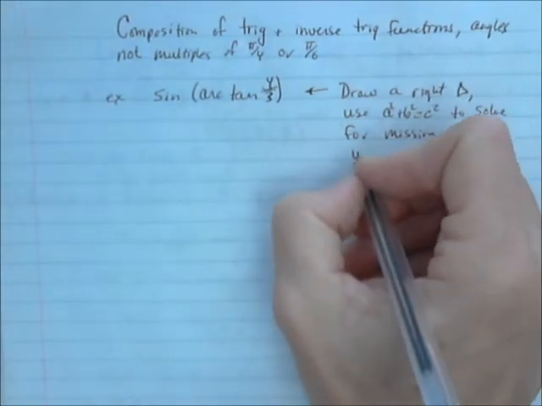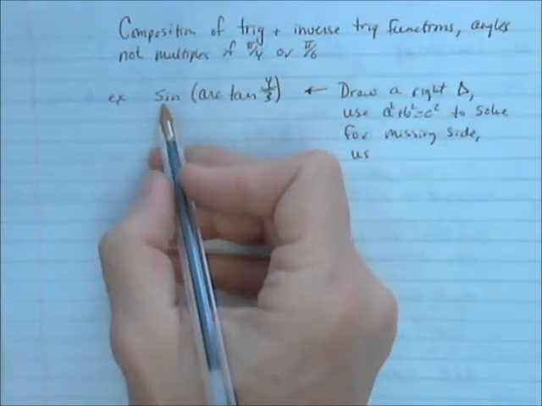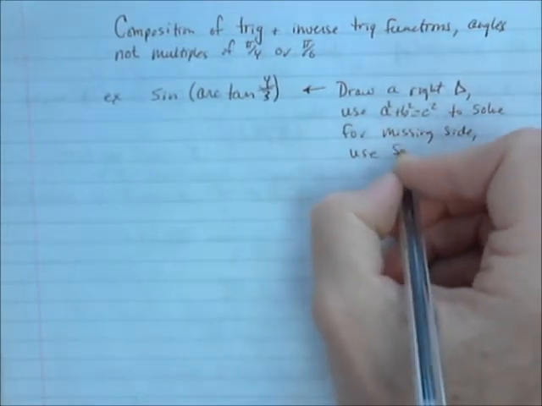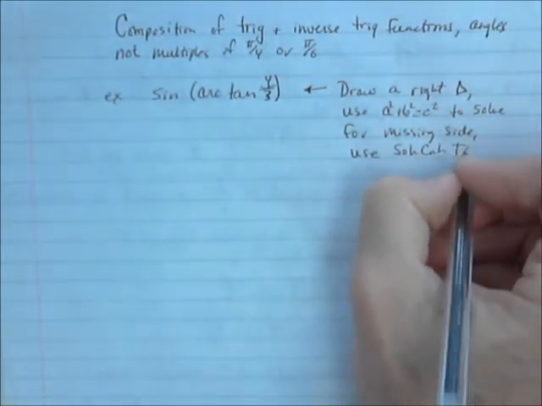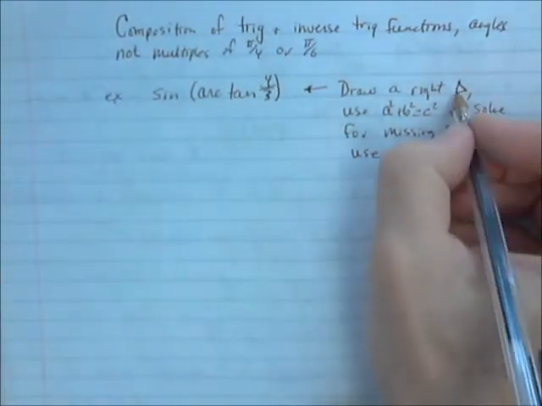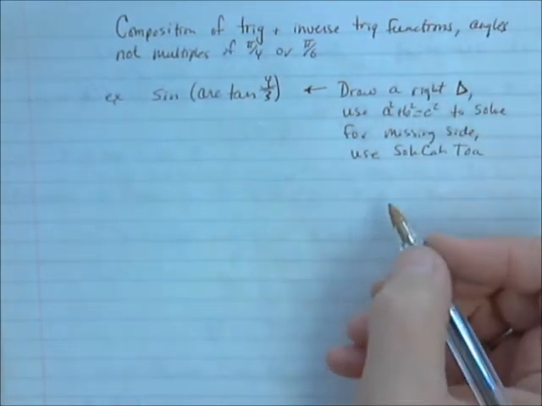And then we're going to use SOHCAHTOA to figure out what that trig function is going to be evaluated as. Because it's a right triangle, we can use the Pythagorean theorem and SOHCAHTOA. If it was not a right triangle, we couldn't use either one of those.